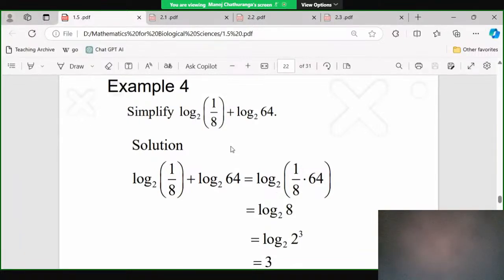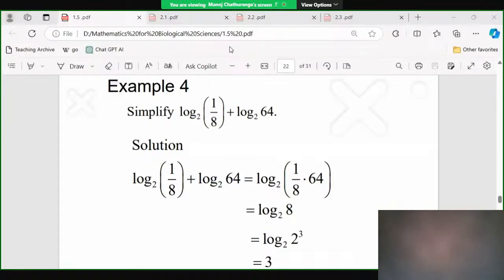Simplifying log expressions is useful, and for this we use the properties of the log functions. Here we have a sum of two log expressions with the same base 2: log base 2 of 1/8 plus log base 2 of 64.